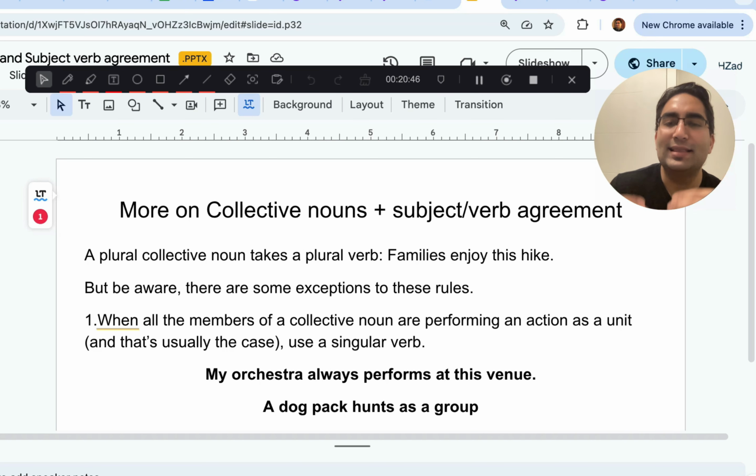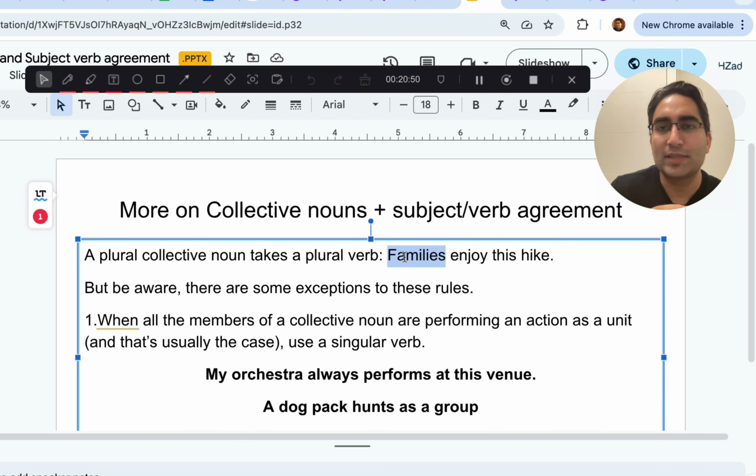But again, this kind of balances when we put those groups in plural. For example, if you used the word families instead of family, now you're saying families. Now you can say families are. Okay? That's okay. But family, if you just say family, that's one. So you would say family is. I hope that makes sense.